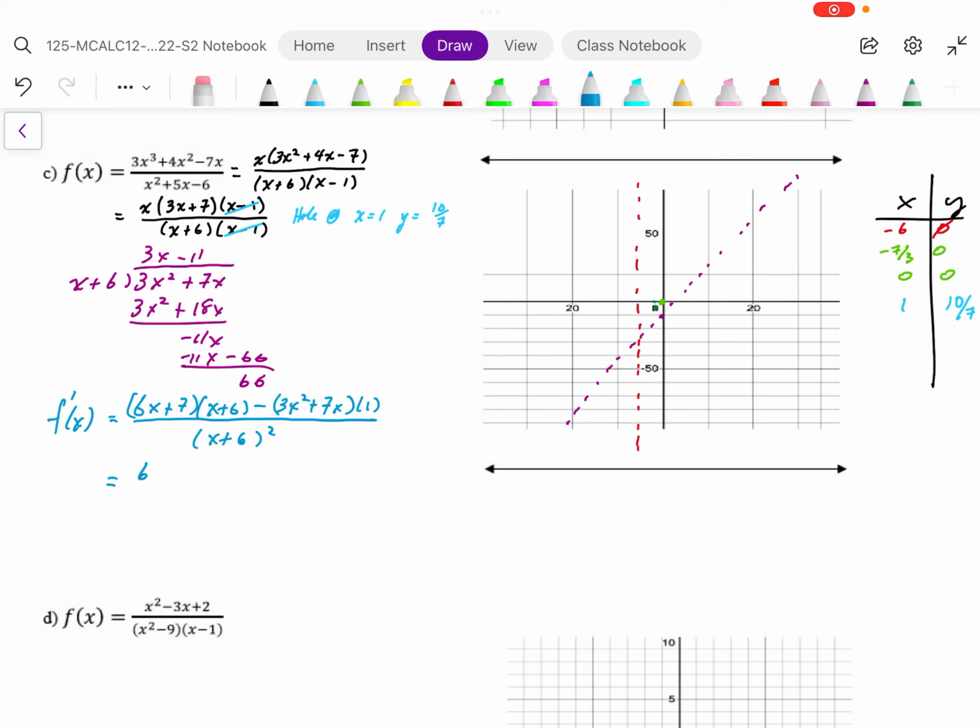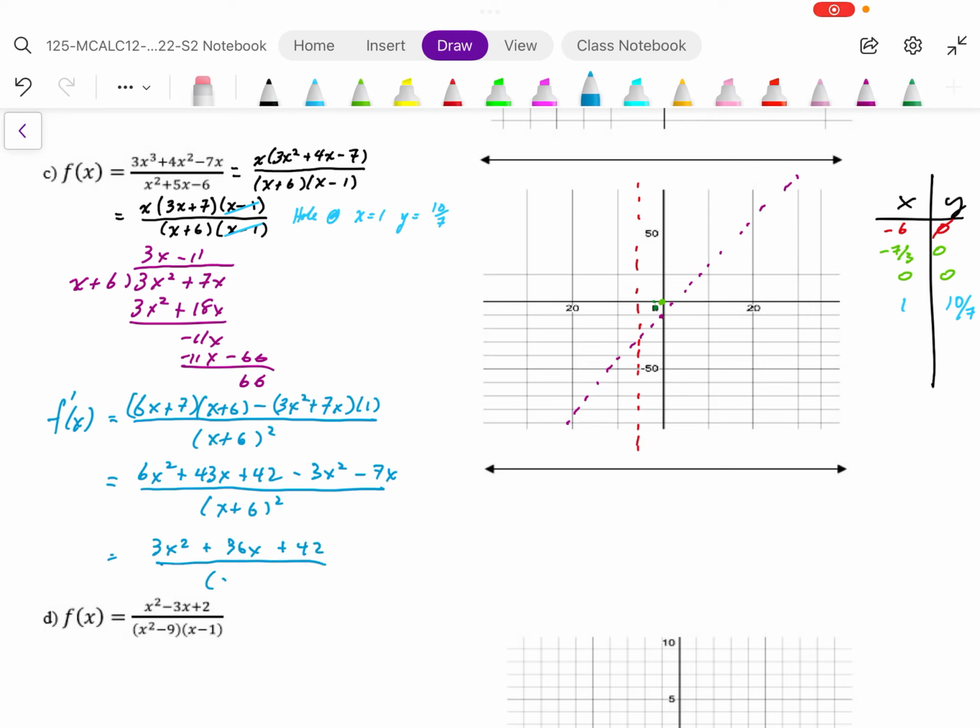Expanding this out, I get 6x squared plus 43x plus 42 minus 3x squared minus 7x. Combining the like terms, I end up with 3x squared plus 36x plus 42.